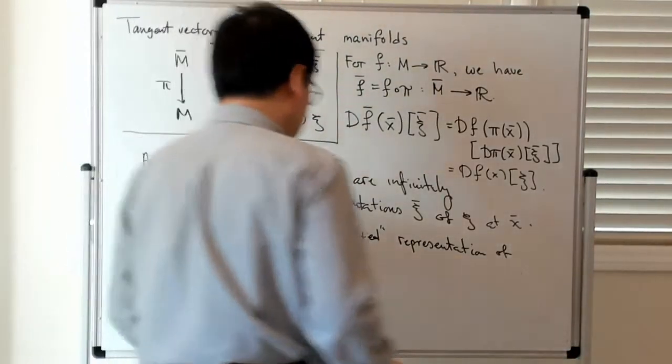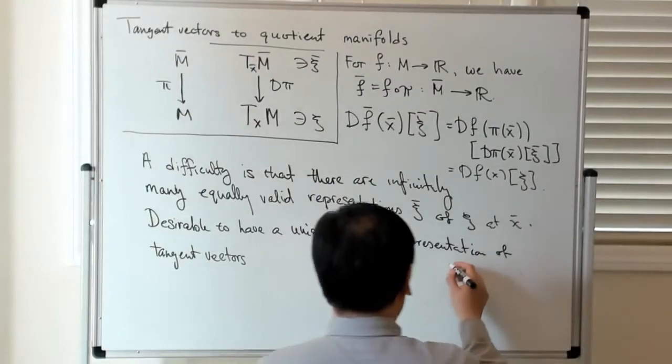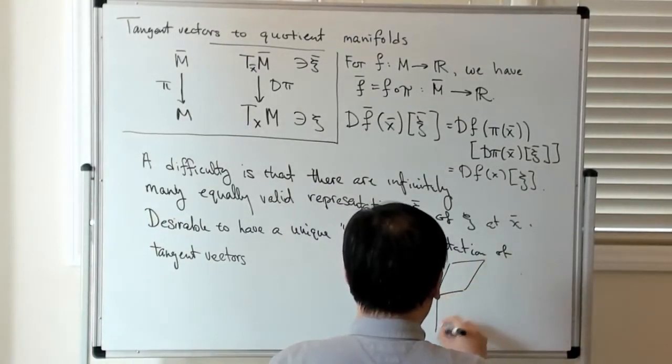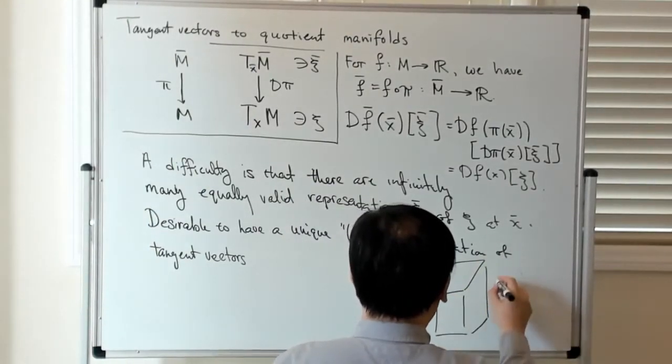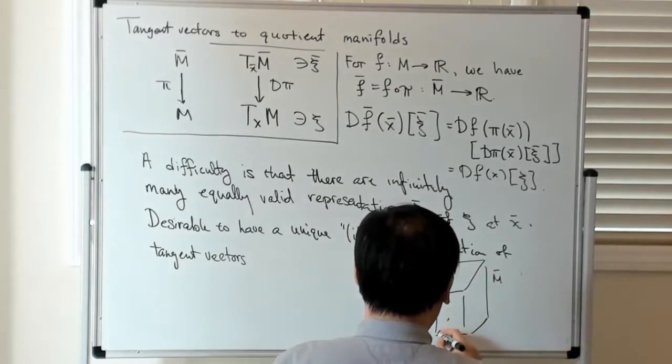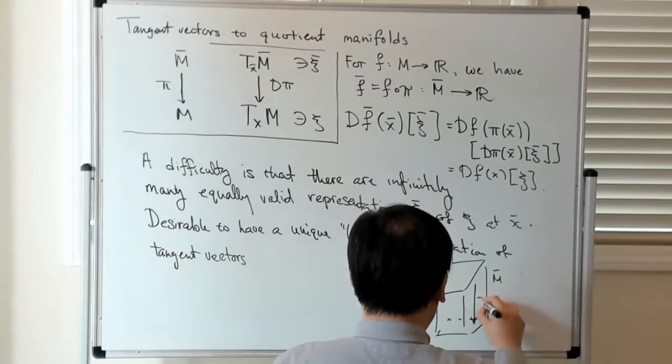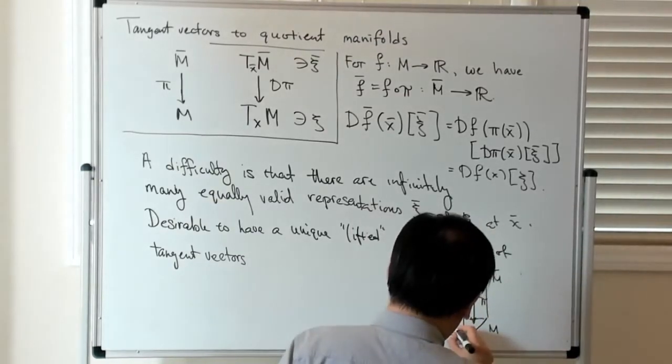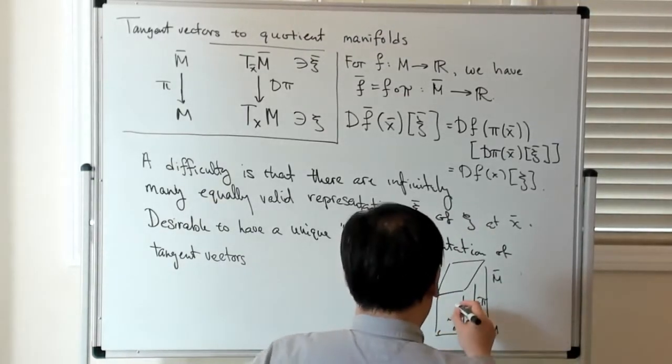Okay, so let me try to give you a picture of this, right? If you have a big space, let's think of this as M bar, and then you have this little space down here, M, and there's this projection map pi, and you have a vector, right? There are many ways to lift this vector, if you will, right?